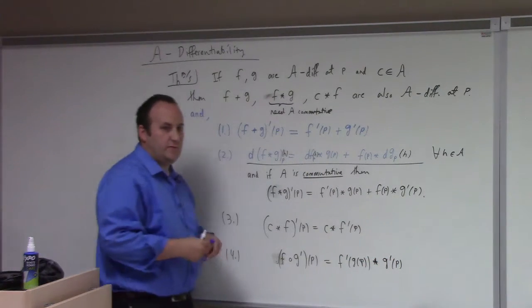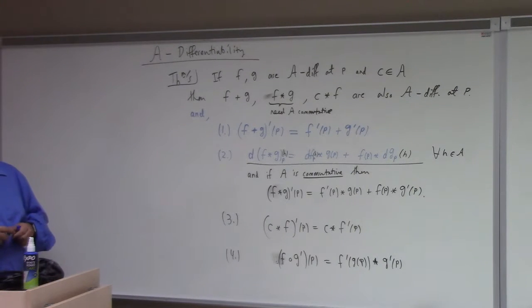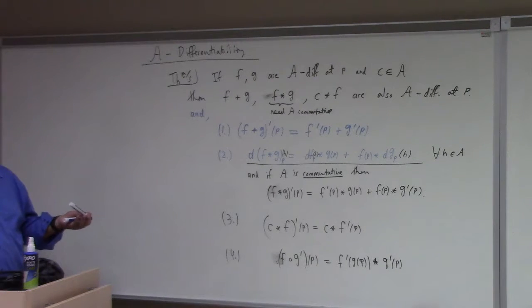So the chain rule generalizes nicely here, provided that f is actually differentiable. We do need that f is A-differentiable at g of p in order for that to make sense. Just like in the ordinary case, in order to do the chain rule, you need that the outer function is differentiable at the inner function, right?